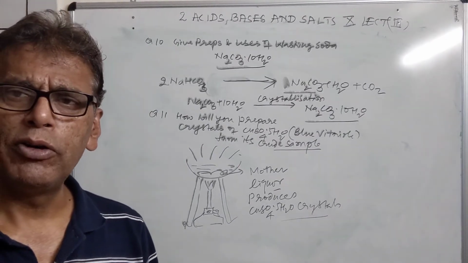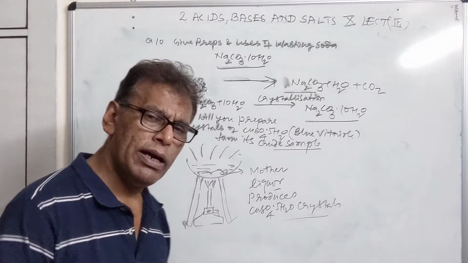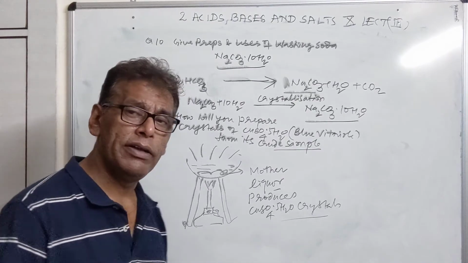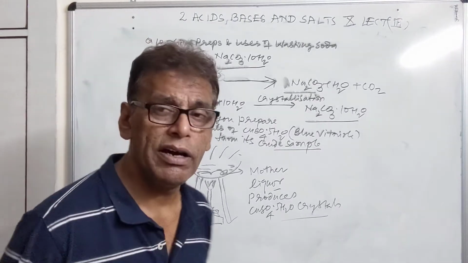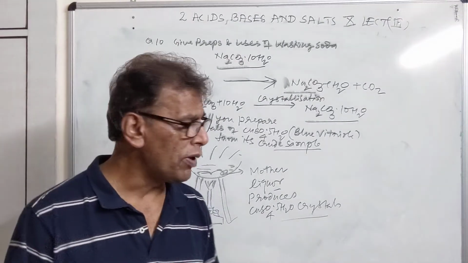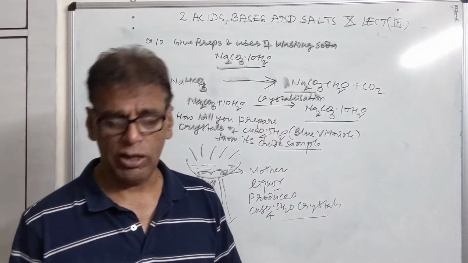Copper sulfate impure sample is dissolved in a suitable solvent, that is water. Two to three drops of concentrated sulfuric acid are added to this solution to prevent the hydrolysis of copper into copper hydroxide, and the impurities which remain insoluble are filtered out.